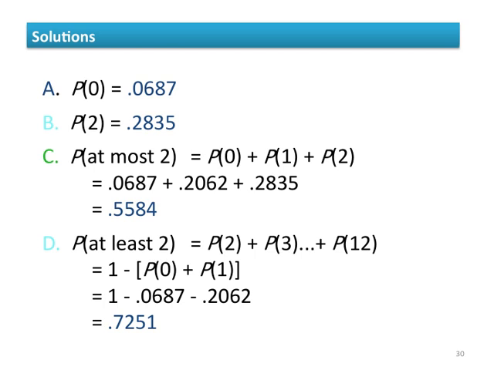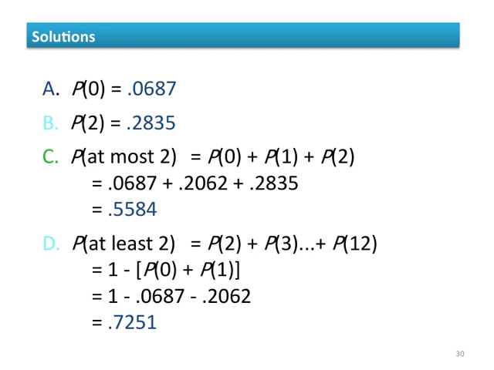Now, if we want to find the probability of at most 2 events, that is, 0, 1, or 2 events, we add those individual probabilities together. So p(at most 2) equals p0 plus p1 plus p2, which sums up to 0.0687 plus 0.2062 plus 0.2835, giving us a total of 0.5584. This means there's about a 55.84% chance that we'll see 2 or fewer events.